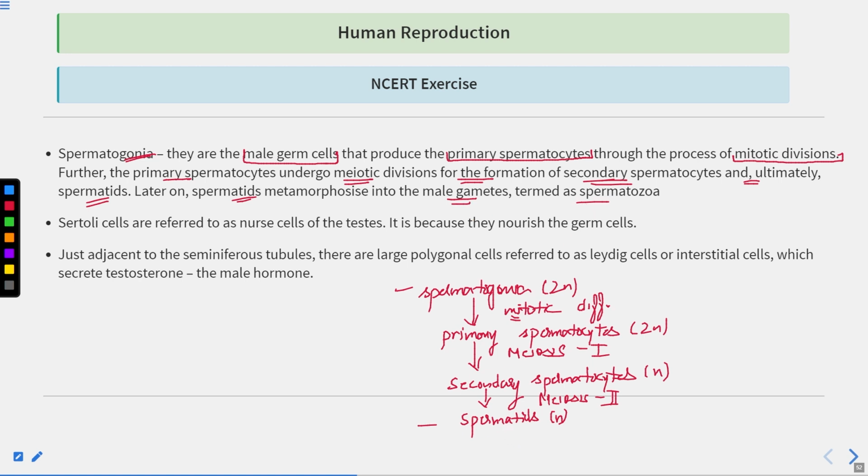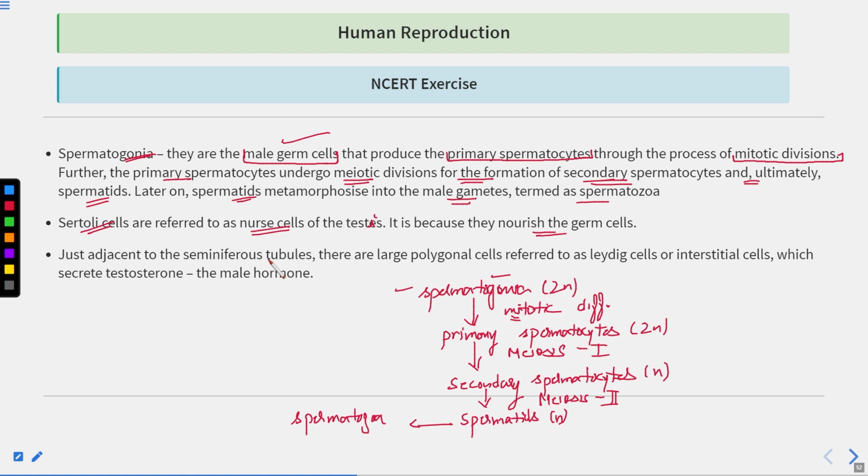So from spermatids, what will be formed? Spermatozoa. Now let's talk about the Sertoli cells. These are referred to as the nurse cells of the testes, and they give nourishment to the male germ cells, which are known as the spermatogonia.